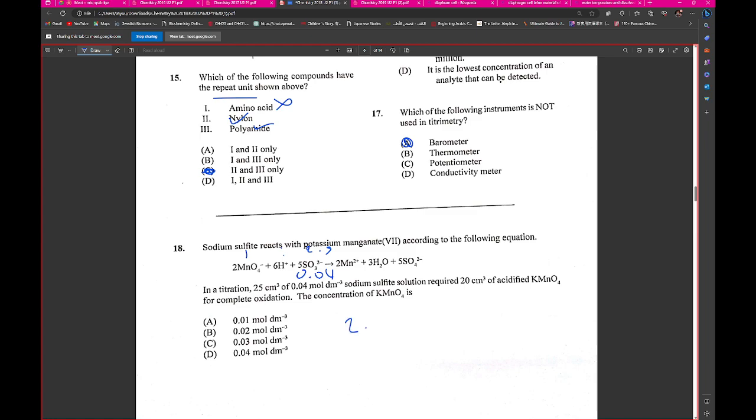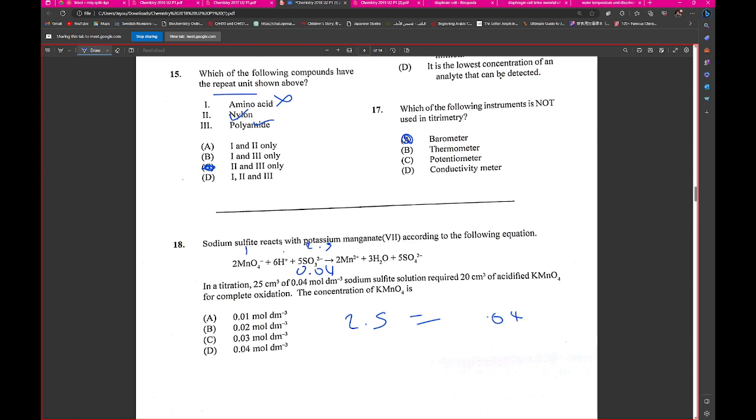So if 2.5 moles gives us 0.04, how many moles is 1? Well, what is the mass we get? We don't know the mass. Can we use a mole statement to get this?